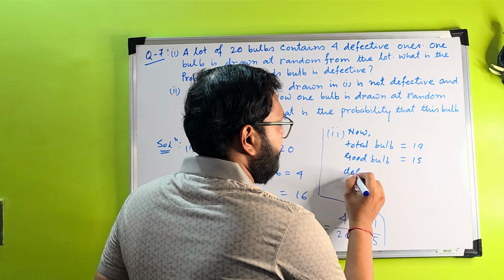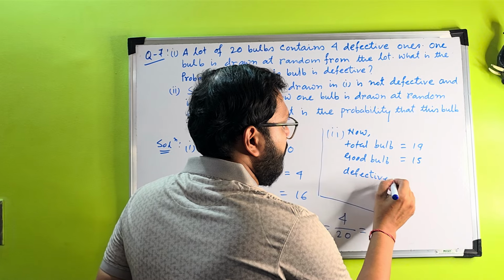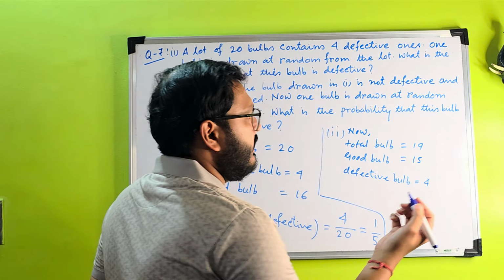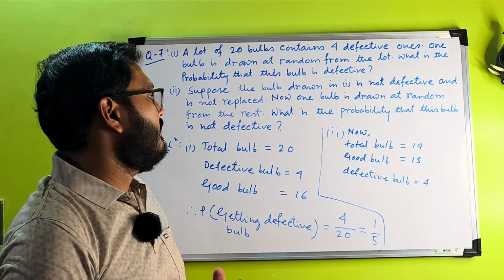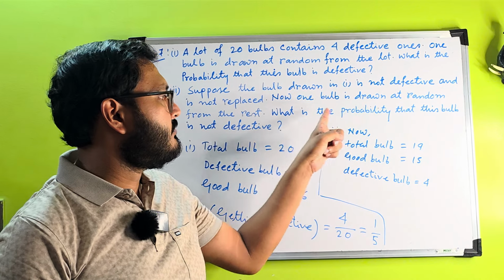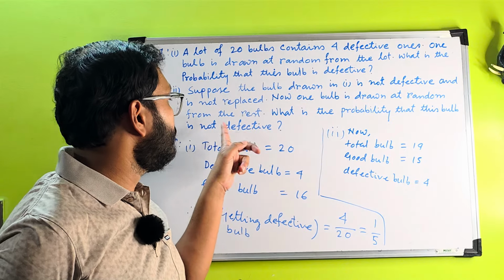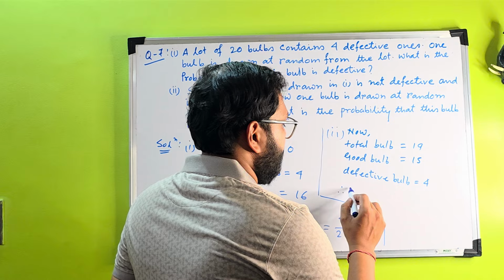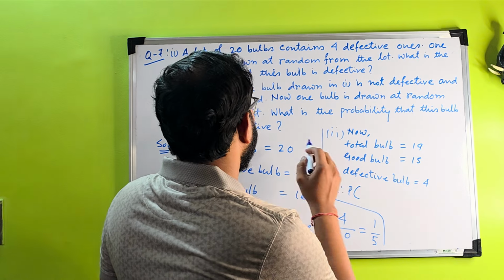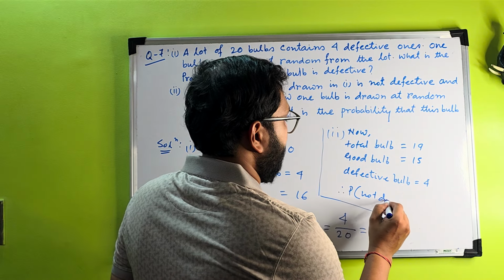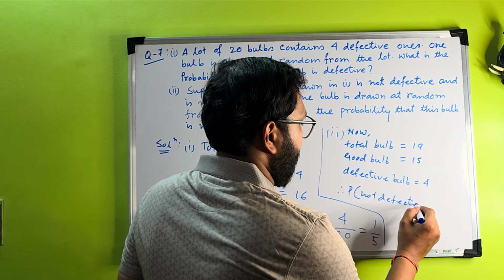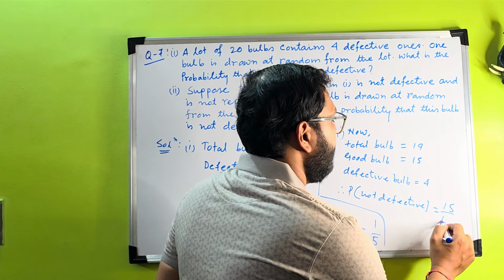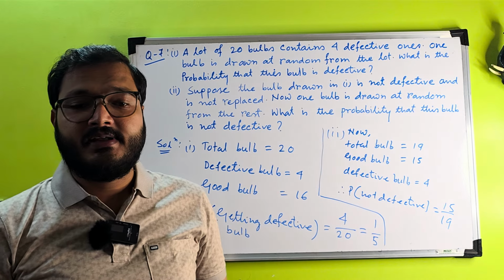So defective bulb equal to 4 only. What is the probability that this bulb is not defective? So good one. So hence probability of not defective equal to 15 by 19. I hope it's clear.